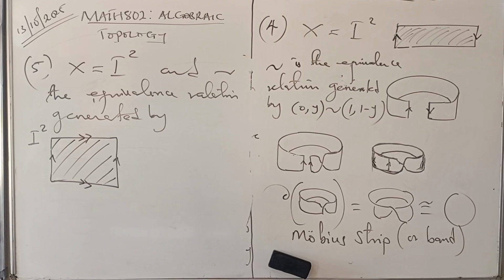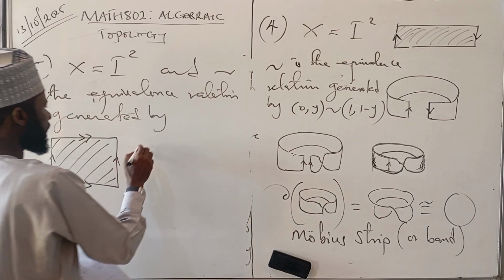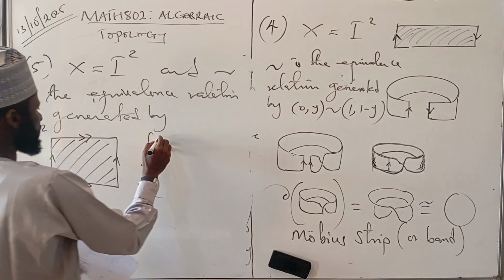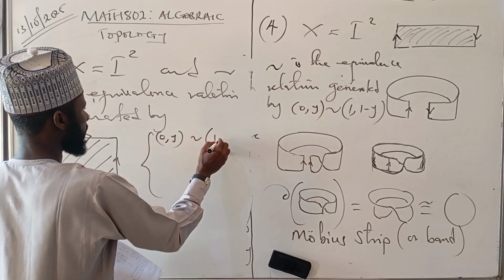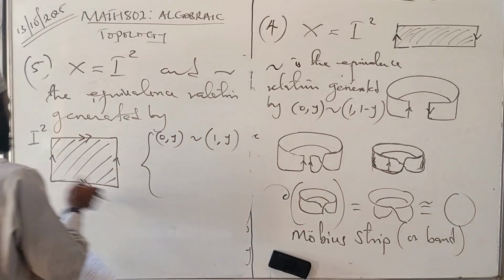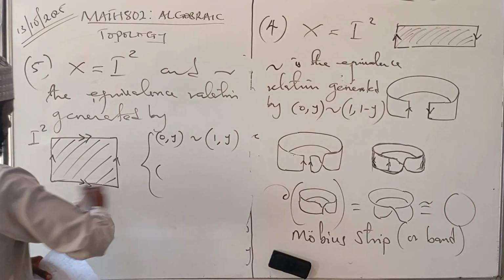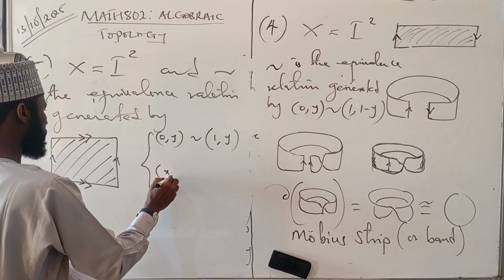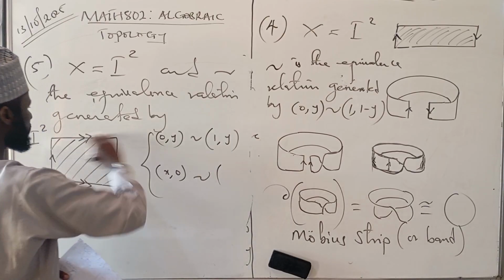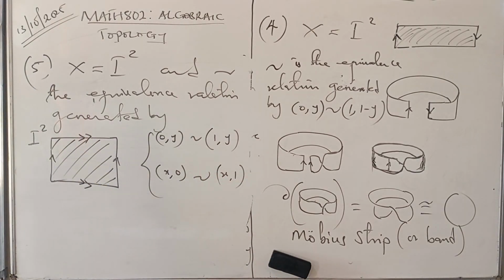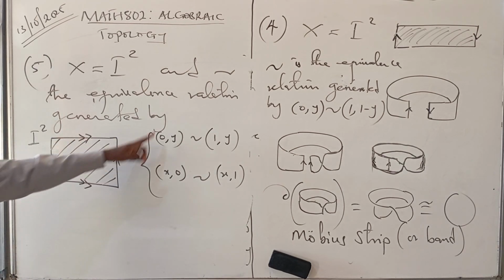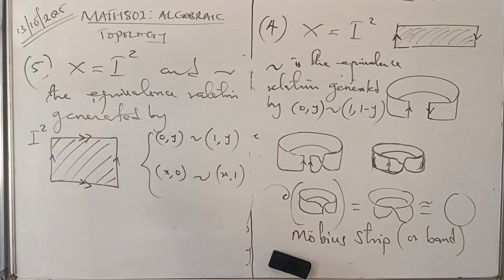The relation is generated by (0, y) related to (1, y), and then (x, 0) related to (x, 1), for all x and for all y, and the interior points remain the same. So this x and y are at the boundary.